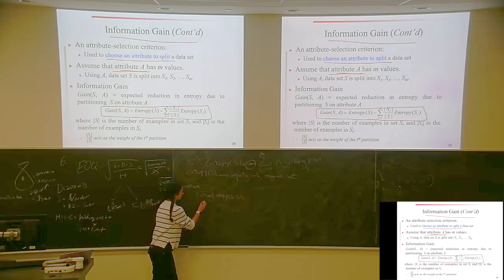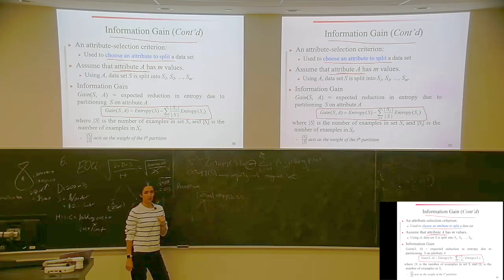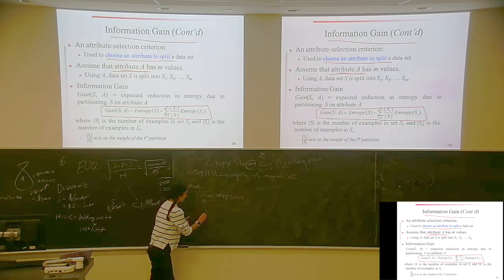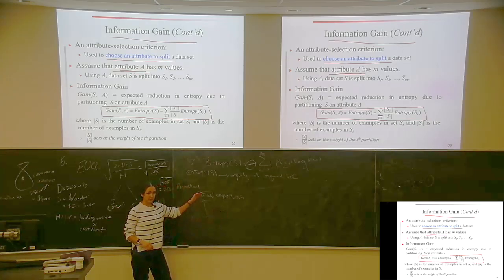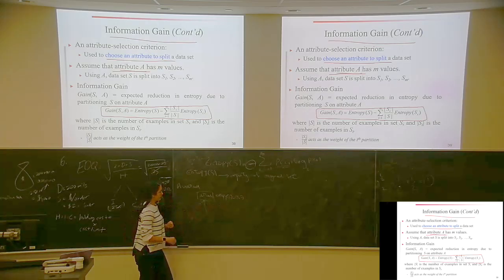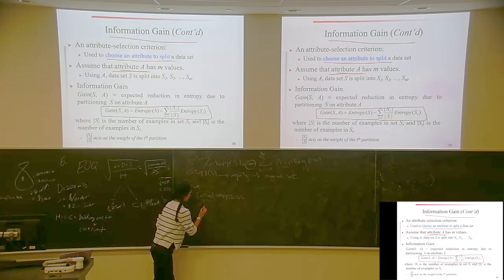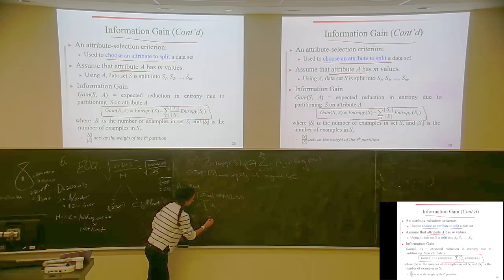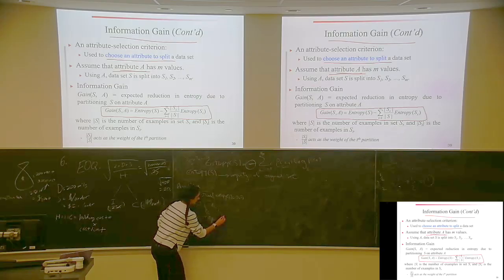So what should you do? You also have to measure the entropy of each of these splits or branches, each of these subsets, for example, sunny, overcast, rainy. So you measure entropy here, entropy here, entropy here.